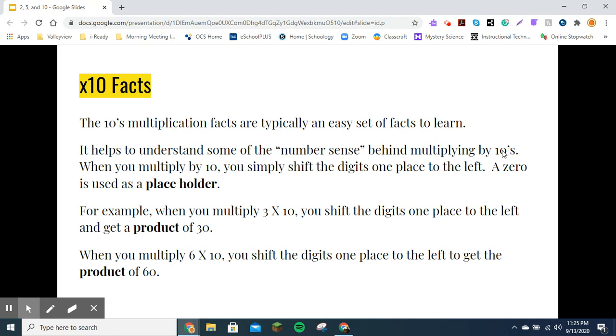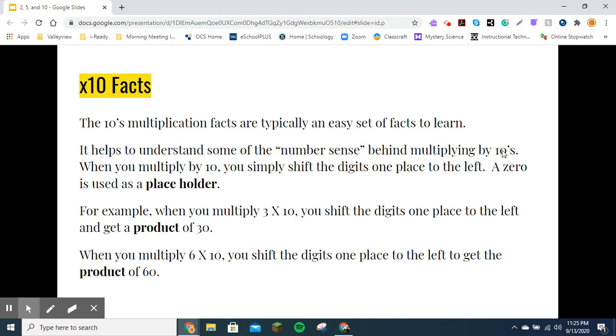Well, you can easily tell by the number of zeros you're multiplying by how many places to shift to the left. In this case, with 10, it's only one 0, so we move once. And when we shift those numbers one place to the left, the empty space there has to be filled with something. We can't just leave it hanging there. So we put a 0 in there as something called a placeholder. So just to remind you on that.